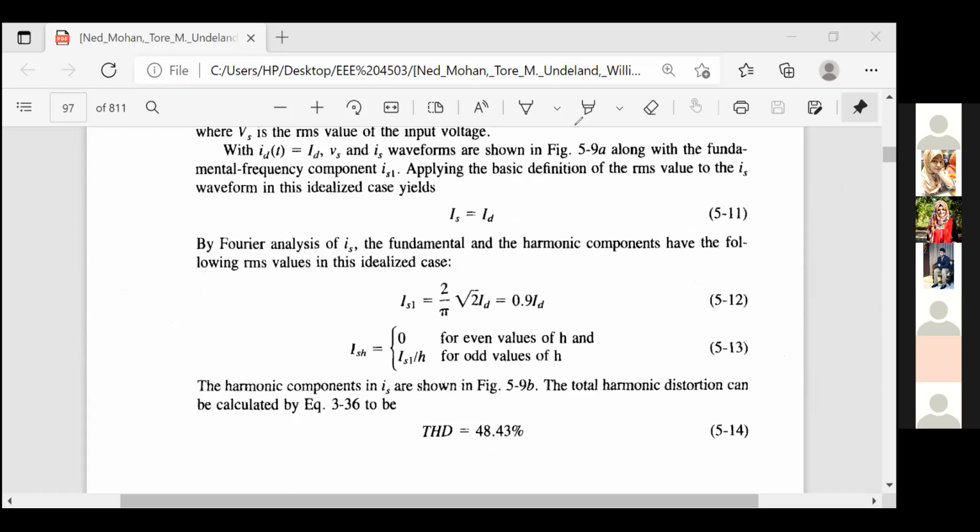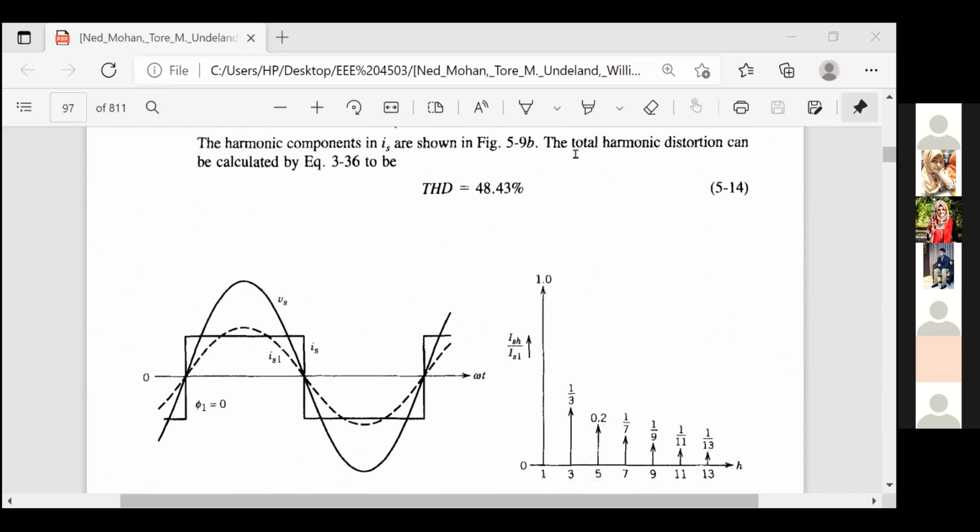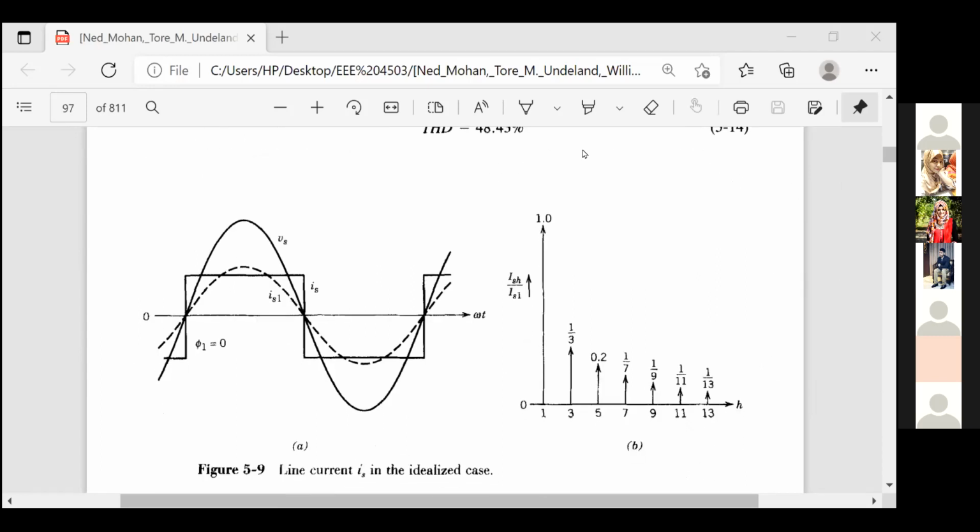Now, let me go here. So now this figure should be very clear to you. This is your VS, and this one is your IS, and the dotted line is the IS1.